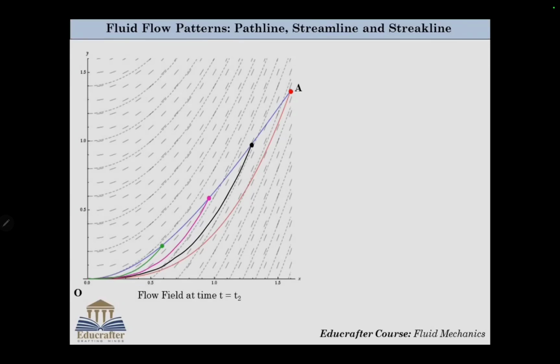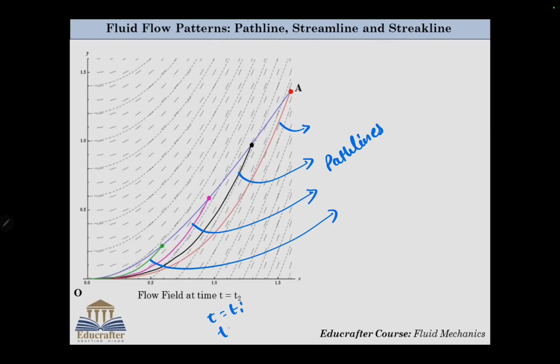Okay, so now these are the path lines, because they tell the actual motion, the actual trajectory of the particle going from t equals ti to t equals tf. So in time tf minus ti, what is the path taken by the particle? Okay, so these are the path lines.